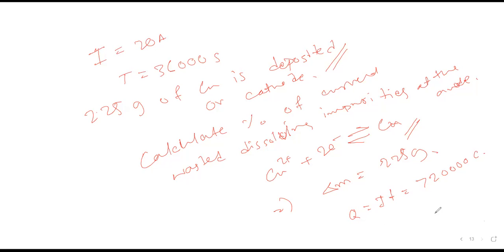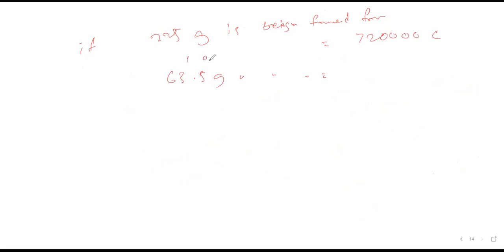So this is the total amount of charge being produced here, isn't it? Now, if 225 gram is being formed from this amount of charge, 720,000, that means 63.5 gram of copper will be deposited due to how much charge? At first, let's say 1 gram is deposited due to how much?